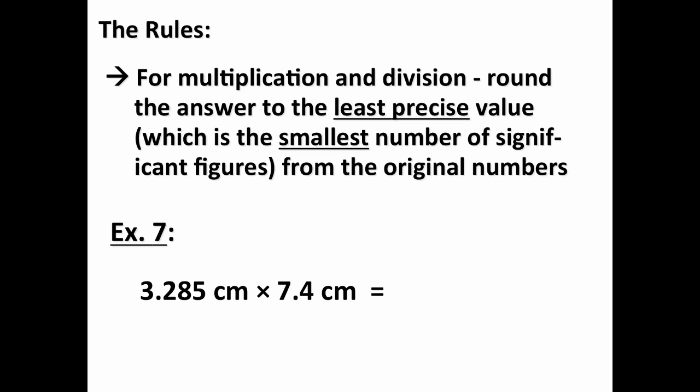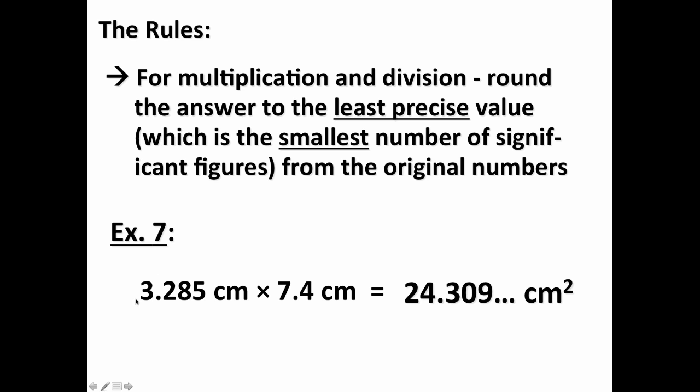So here's an example. Let's say that we measure a length and a width and we want to calculate an area. 3.285 centimeters is the length and 7.4 centimeters is the width. Well, we multiply those together, we get 24.309 and so on on your calculator, in square centimeters. What should we round this off to?